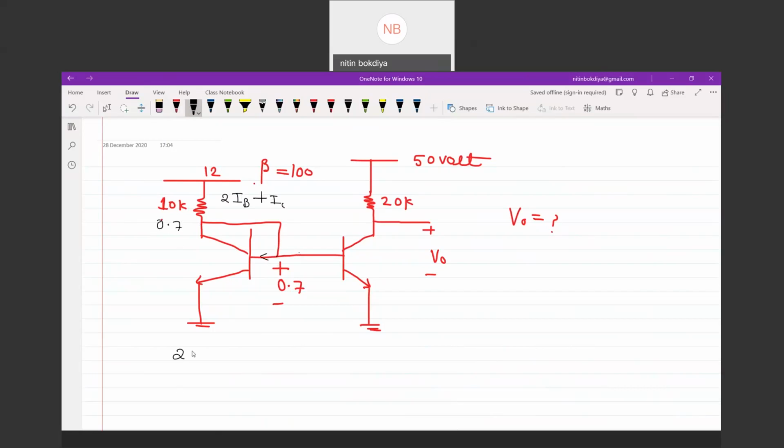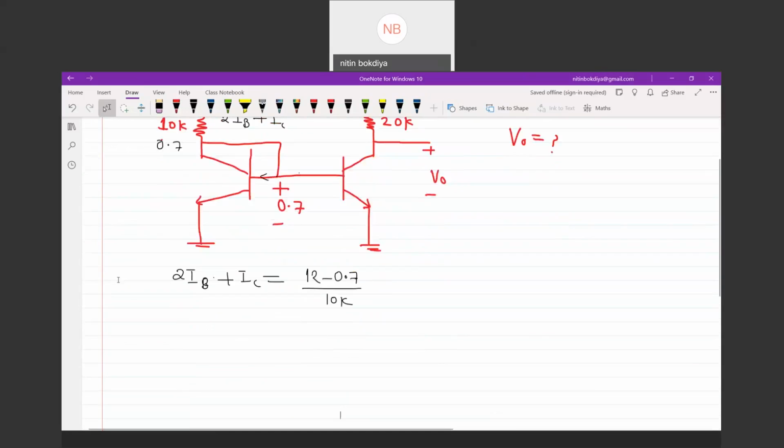So can I say 2 times of IB plus IC is equivalent to 12 minus 0.7 divided by 10K. So you can say 2 times of IB, 2 times of IC by beta, plus IC is equivalent to 11.3 milliampere.